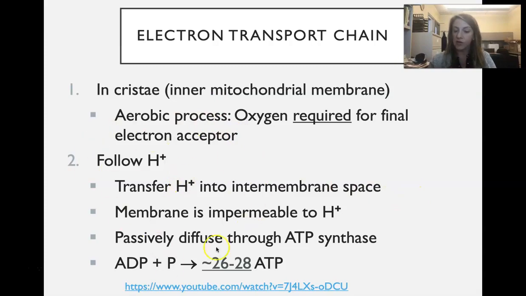Okay, so I want you to focus on following the ions. The transfer to the membrane space we talked about, and the passive diffusion through ATP synthase. Okay, and we said one glucose molecule gives us about 26 to 28, up to 32 ATP per glucose molecule.